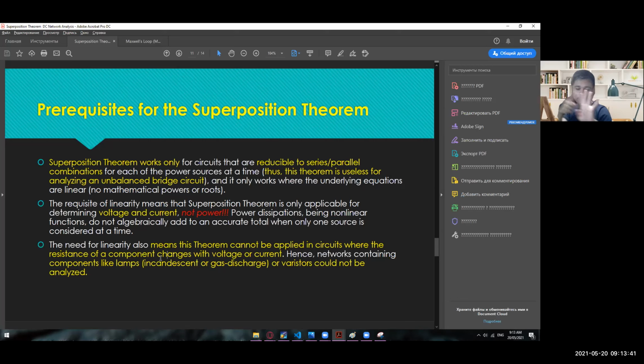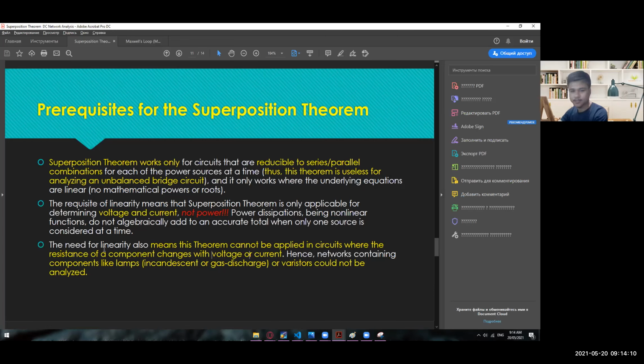If we have a capacitor, inductor, or any other component which is not linear, then that one is not linearity anymore. So take note, we only have three components when it comes to linearity: resistor, voltage source, and current source. I hope we're clear with that one.